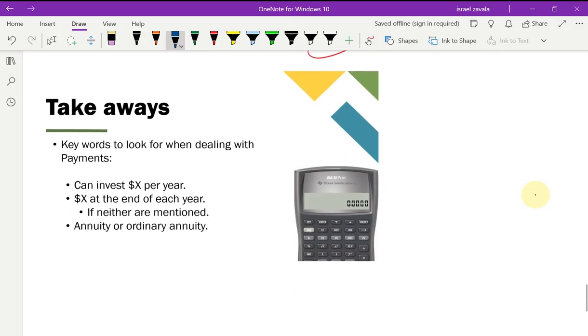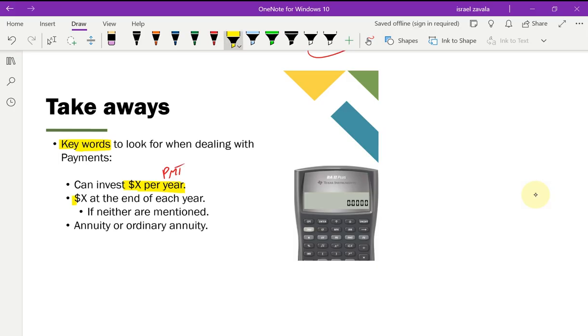All right, so some takeaways. Keywords to look for when you're dealing with payments. At this point, I've only taught you about payments, so you don't know there's another type of payments that's coming, but at this point, don't worry about that. These are ordinary annuities. So you can see, can invest X per year. That should be a key to know that you have a payment.